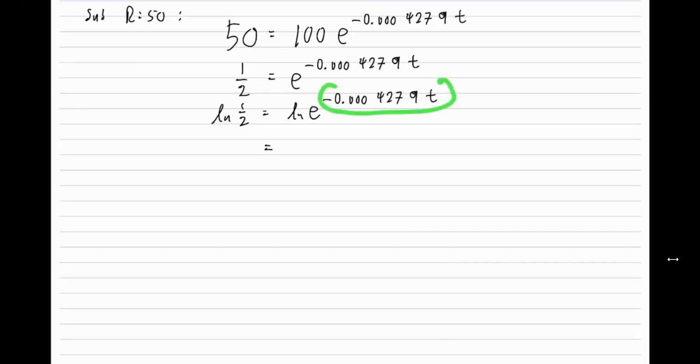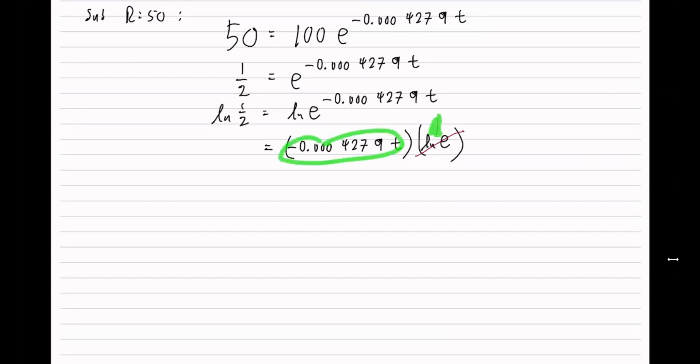Technically the power is brought down because of the power rule for logarithms, then you multiply it by ln of e. But ln of e is 1. So you're just left with whatever is in front. That's ln half.